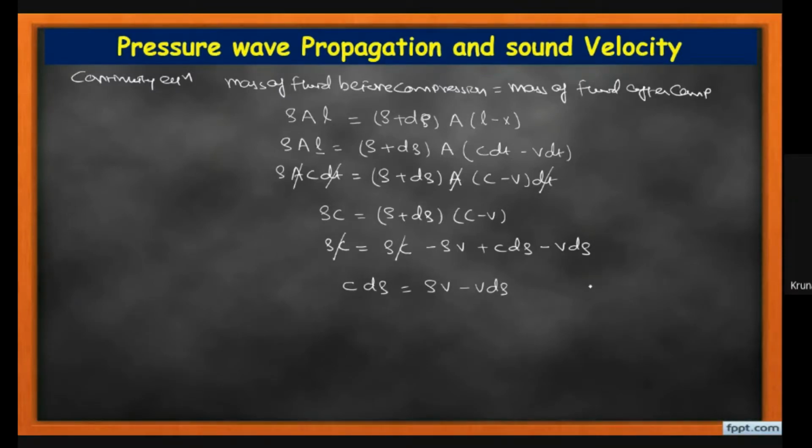Now we know that d rho is a very small quantity, so we neglect that term compared to c. So our final expression is c into d rho equals rho into v, because we neglect this term as d rho is very small. This is what we call equation number 1.